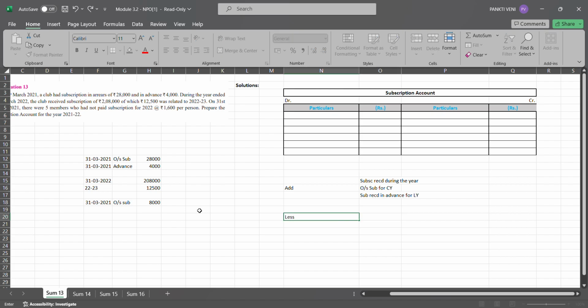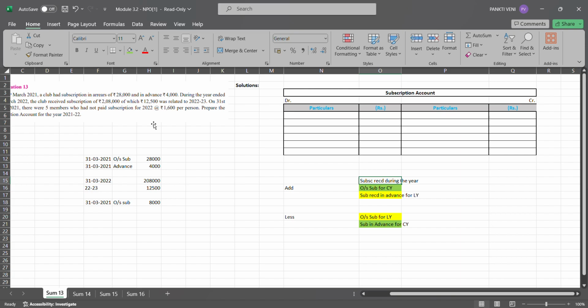Now you have to subtract, that is, less outstanding subscription for last year. Same way you have to subtract subscription in advance for last year. Okay, so this way we are supposed to do.